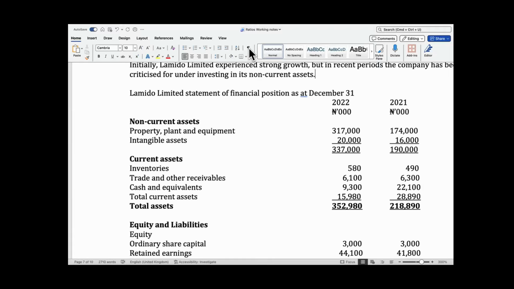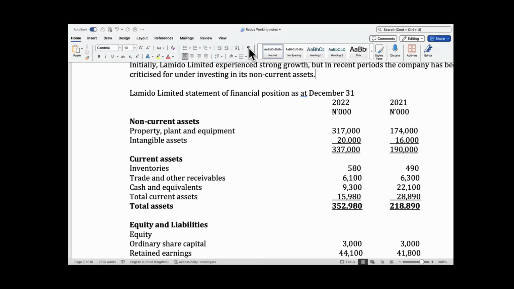Ultimately, EPS has a limitation in the sense that, yes, it measures profitability, but it does not give us the complete position or complete performance vis-a-vis the company's liquidity. It doesn't give us a complete reflection of the company's performance.